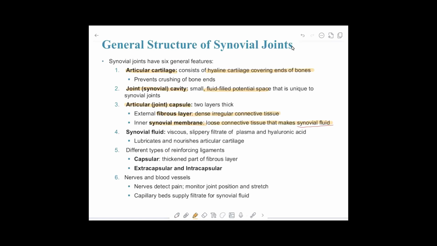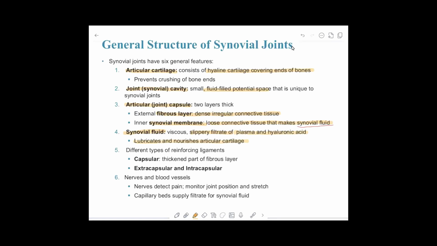Synovial fluid is a viscous, slippery filtrate because it's formed out of the blood. It's basically plasma and hyaluronic acid, and its job is to lubricate and nourish articular cartilage. You know, imagine lubricating the pistons of a car, for example, so they work better.